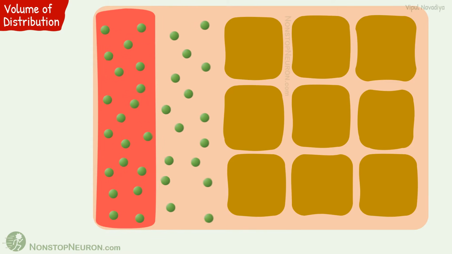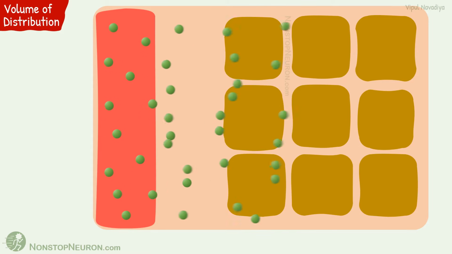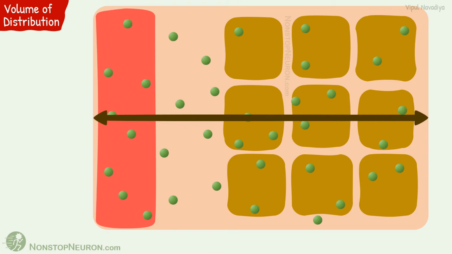If it also spreads into interstitial space, we can say it has spread in a total of 14 liters of space, 4 liters in plasma and 10 liters in interstitium. And obviously, its concentration in plasma would fall. If it also enters cells, we can say it's distributed in 42 liters of space, and the concentration would be even lower.